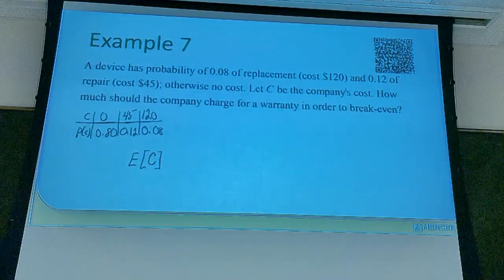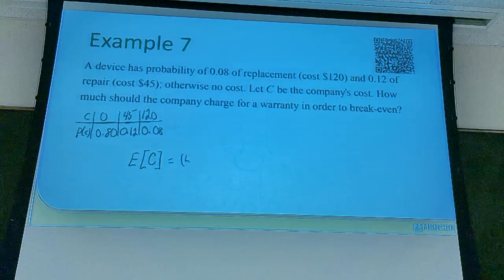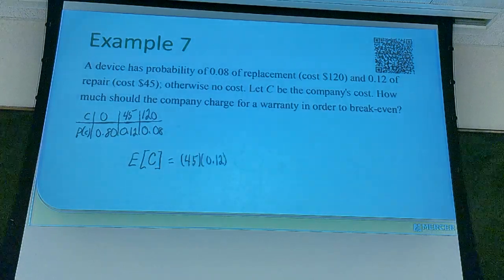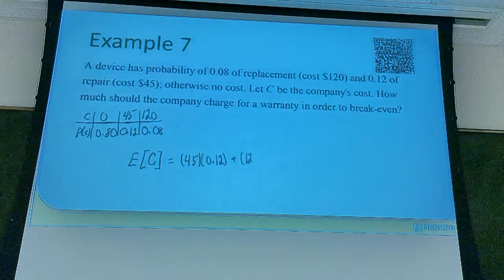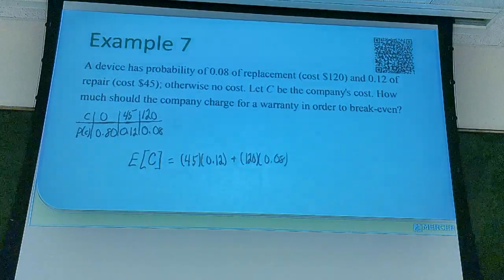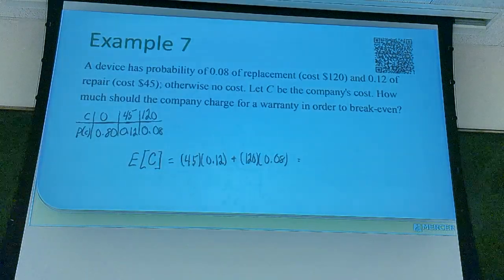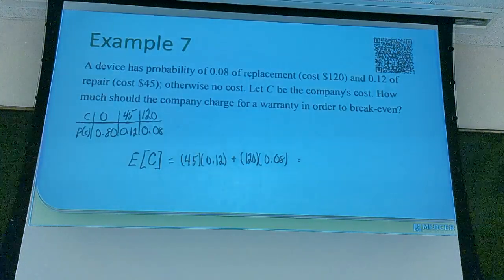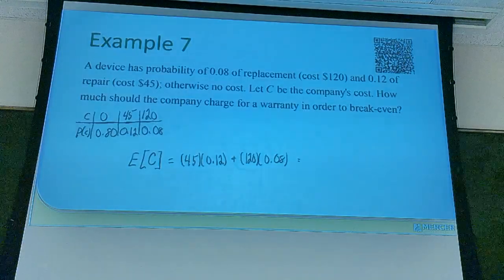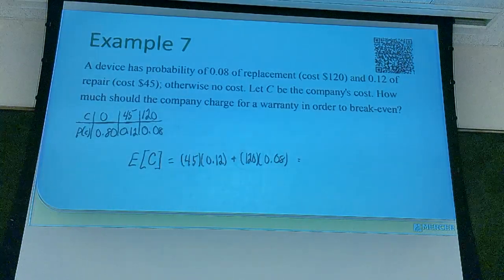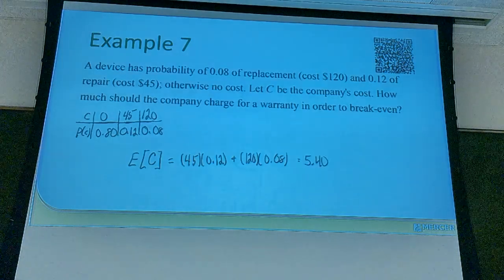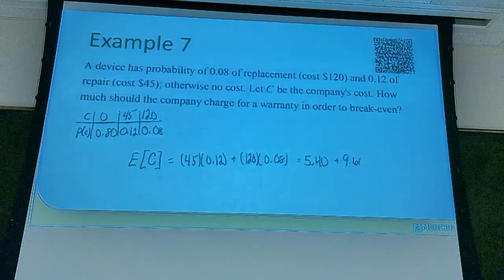So company's expected cost would be that. $45 times 0.12 is $5.40, right? And then 120 times 0.08 is $9.60.